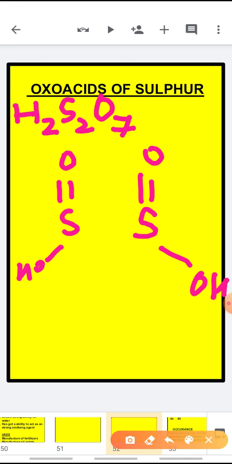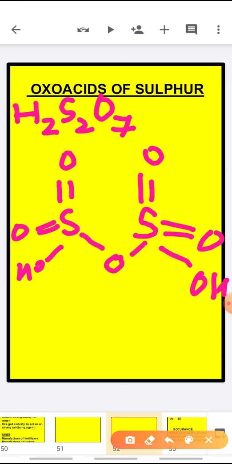Now see, both the hydrogens are used, both the sulfurs are used. Of 7 oxygens, 4 oxygens are used, then 5, 6 and 7. Children, you have to remember the structure should be tetrahedral. The atom which is forming this oxo acid should be tetrahedrally surrounded by the other atoms.